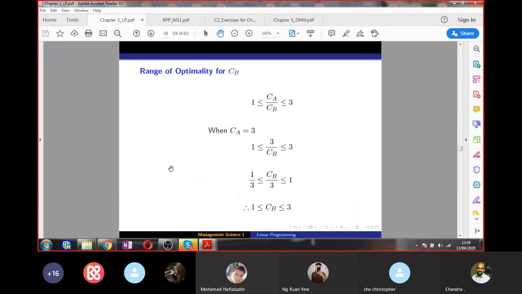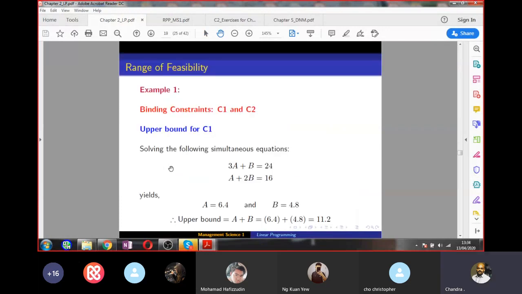After range of optimality, the next part is range of feasibility. Range of feasibility needs more detailed computation compared to range of optimality, so I'm expecting the physical presence of all of you in the class. I will hold on this for a while.